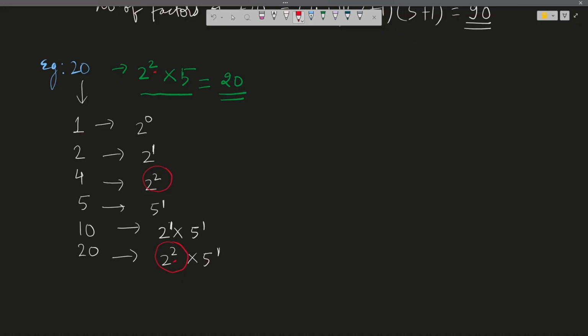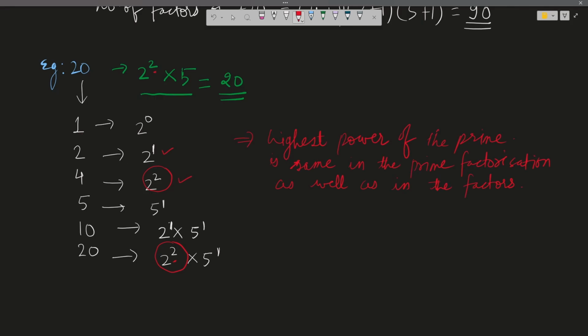The highest power of 2 is 2, whereas the highest power of 5 is 1. The power doesn't change. Here it is 2 to the power 1, 2 to the power 2, but 2 to the power 3 has not been here. So we can restrict our calculation till 2 to the power 2.